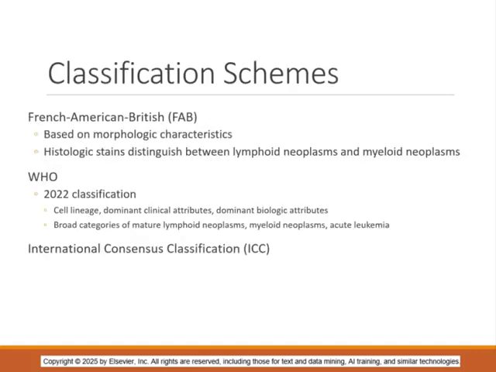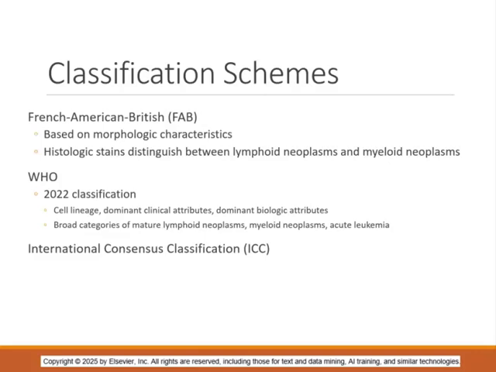There are two different classification schemes that you need to know. The first is FAB, which is French, American, British. This started in the 1970s and is totally based on morphology, identifying the cells on the peripheral smear and looking at the bone marrow.